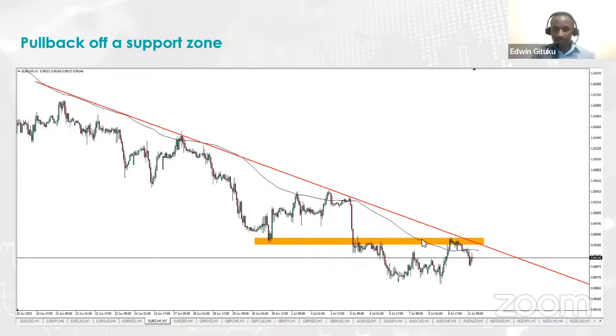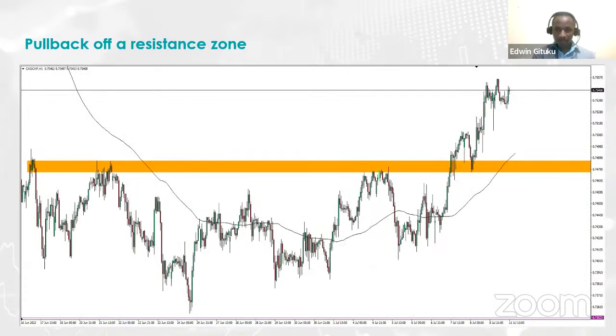Yes. So it just maintains that level as a new, if it was a support, it maintains it as a new resistance. Yes. And for the previous case that we're looking at, if it's a resistance, the price breaks, goes back, and it turns the previous resistance into a support.